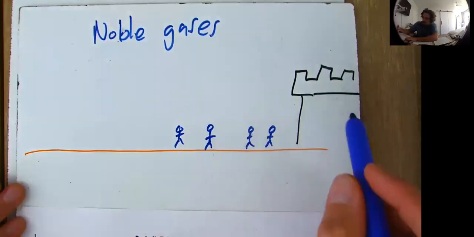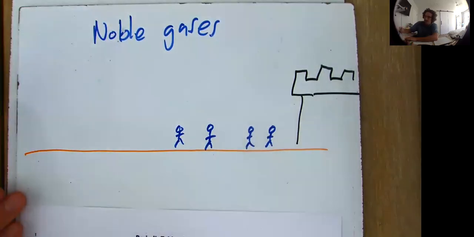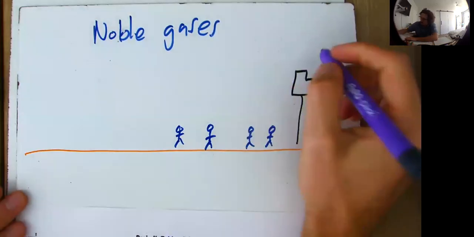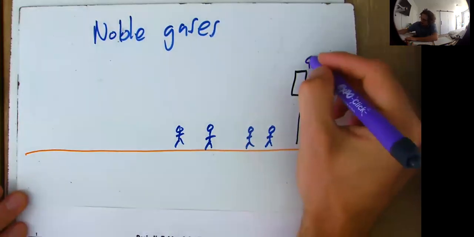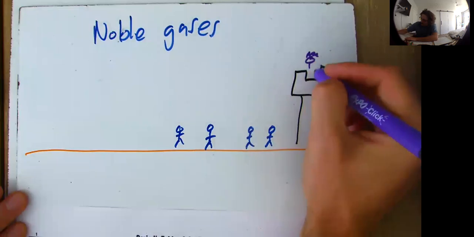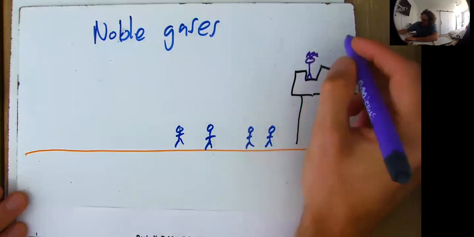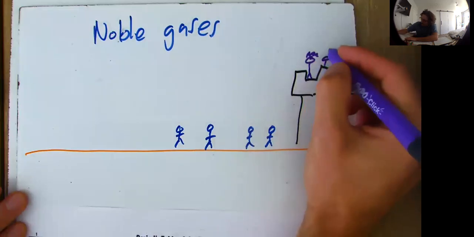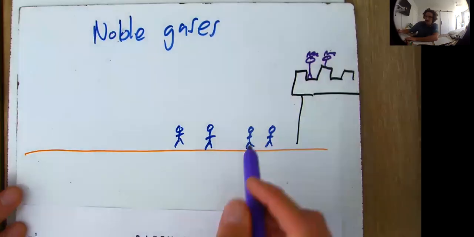Nobody cared about these people. Everyone only cared about the king and the queen who are up here. That's the crown. This is the king and the queen living their wonderful royal life with their crowns. And these are the peasant people.